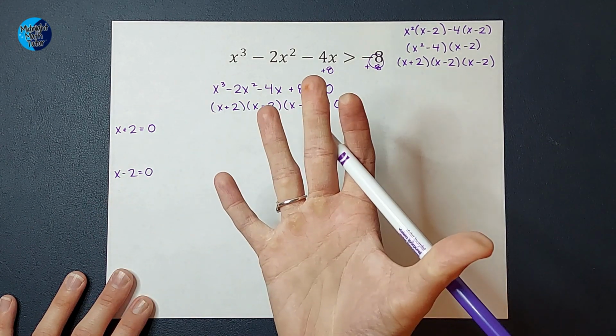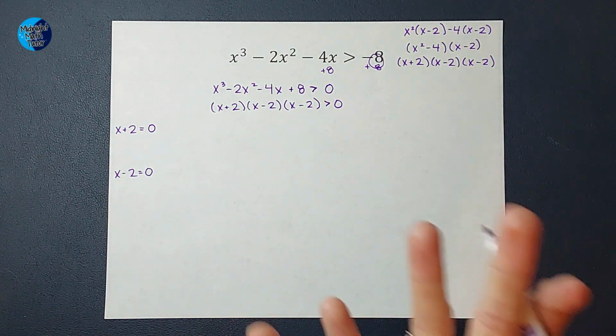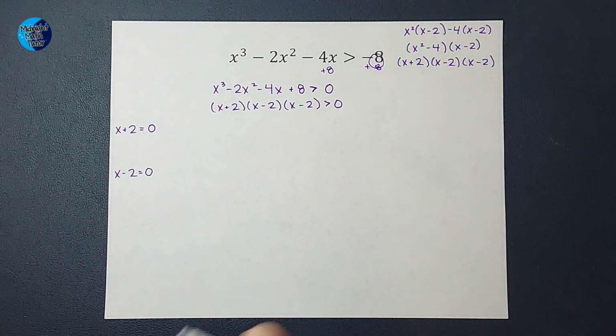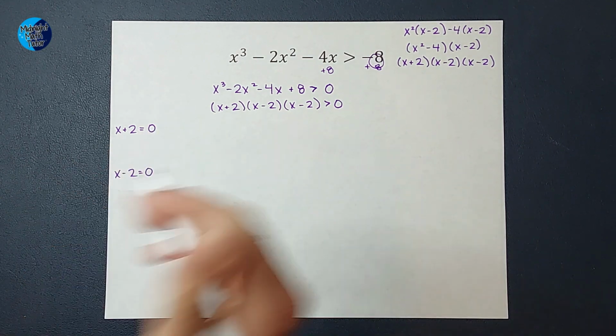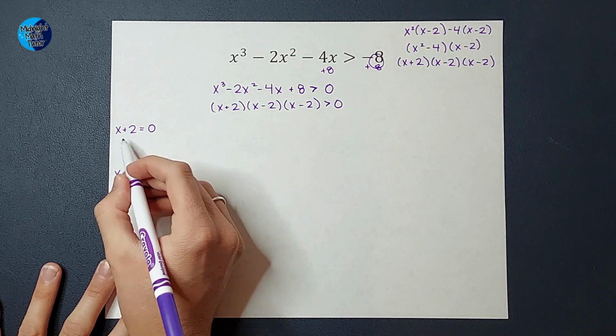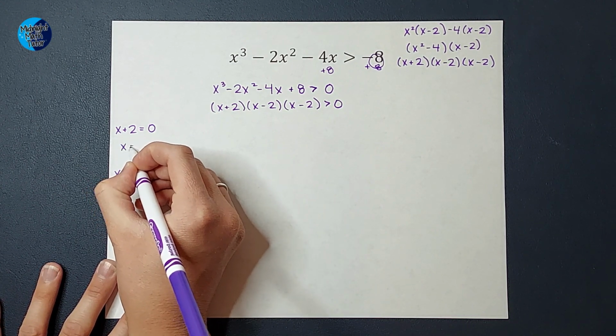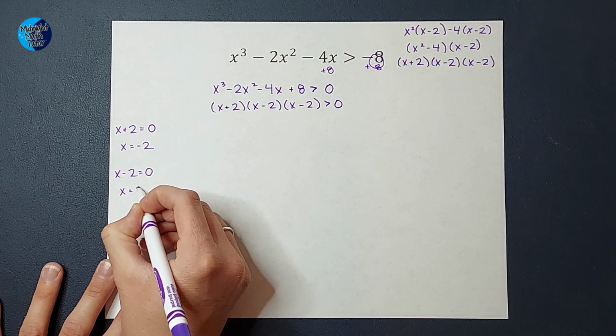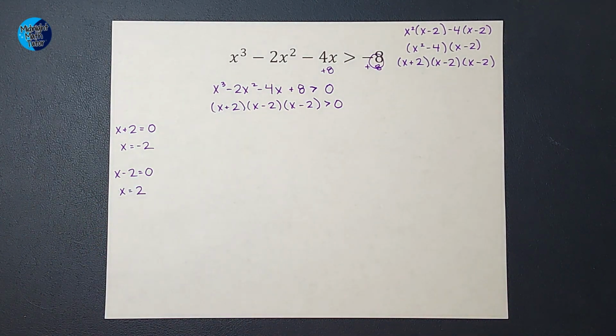And I have 2 of those, which would just give me both the same answer, so I don't necessarily have to write them twice. If you were graphing it, we would want to take note of that, but for now, it doesn't really matter. So we're going to subtract 2 from both sides, so I'd end up with x equals negative 2, and add 2 to both sides, so I get x equals 2, okay?